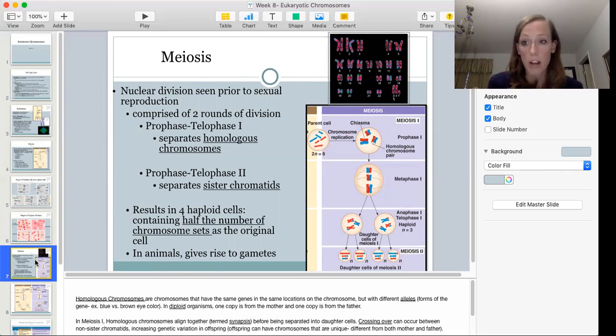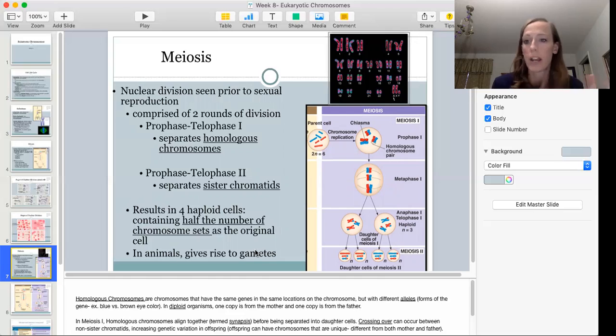We talked about mitosis, which is one type of nuclear division. The second type that we have to talk about is meiosis. Meiosis is the type of nuclear division which will give rise to our sex cells, our egg and sperm, also called the gametes, okay? So this is going to take place prior to sexual reproduction.